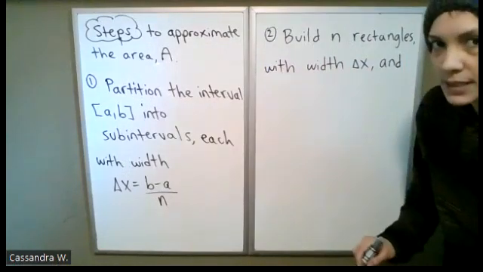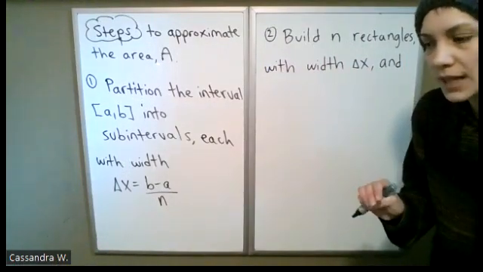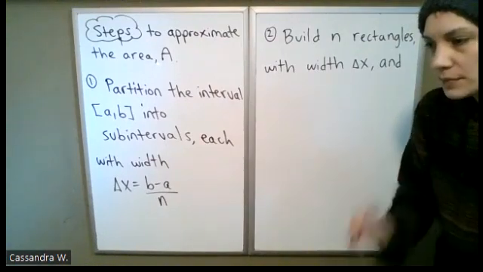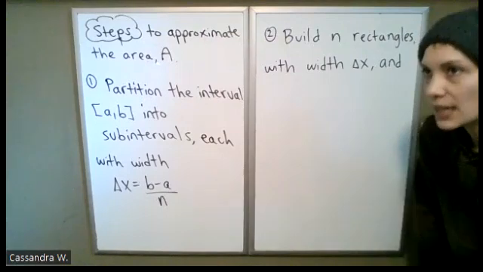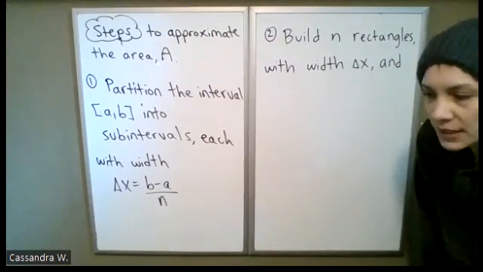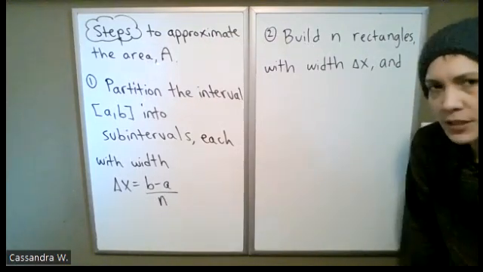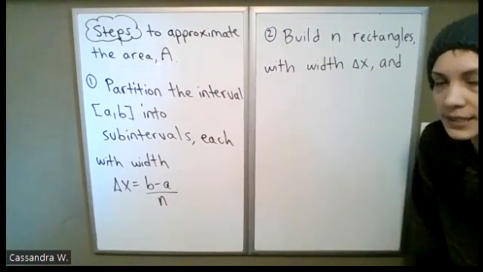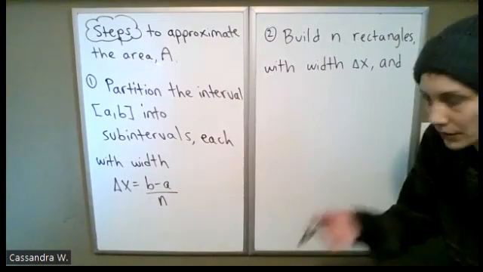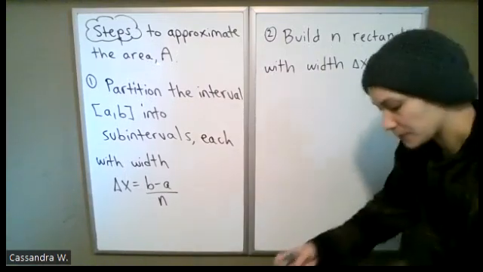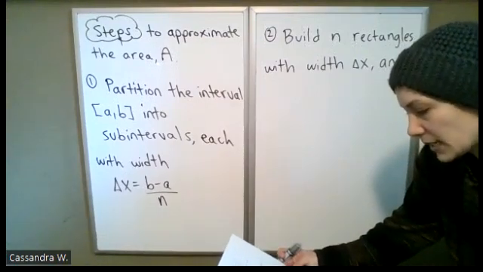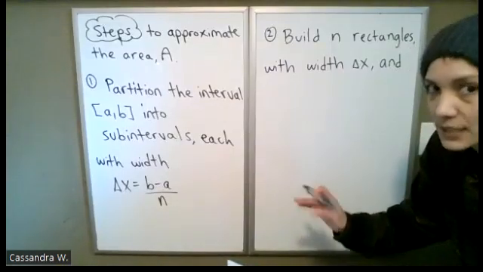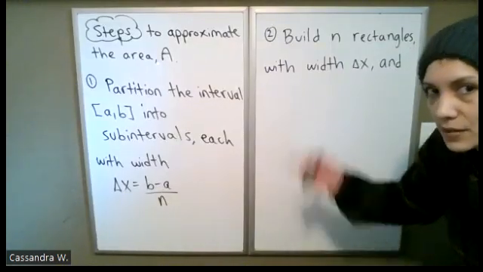And for the height, there are 3 popular points to find heights at. We'll talk about it in a bit. You can use the function evaluated at any point really, but the right end, the left end, and the midpoint are the most popular. So you've got your width delta x, and we often use values of f at right endpoints, left endpoints, or midpoints for the height.